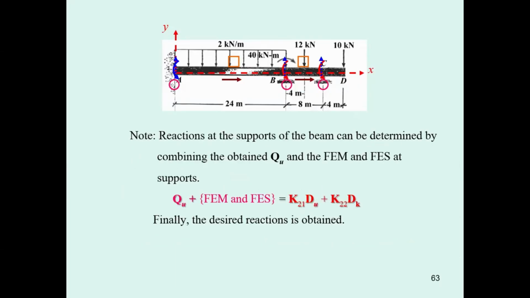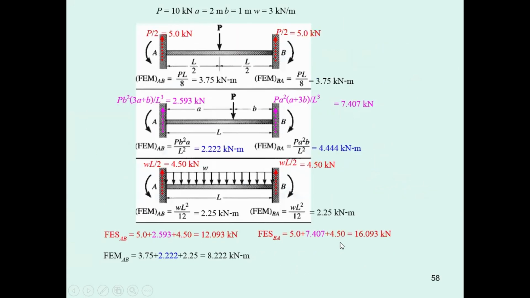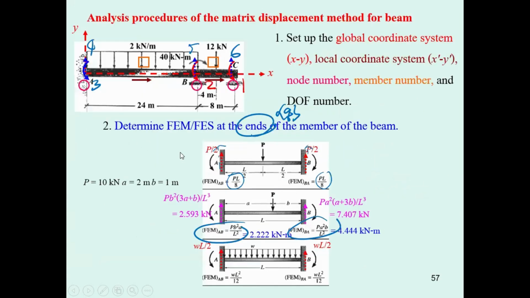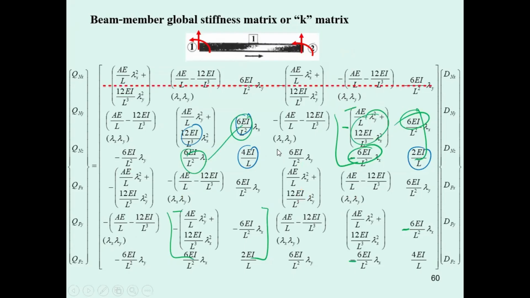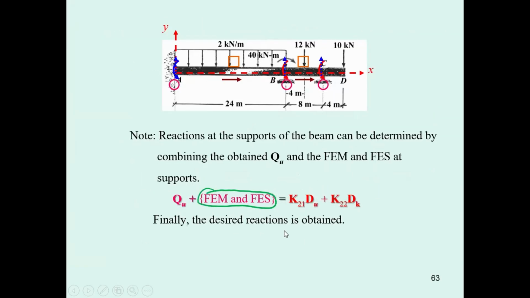And then when you get the Q sub u, don't forget to take this one from step number 1, from step number 2, from the step over here, combine with small q, and then you will get the free body diagram of your structure.